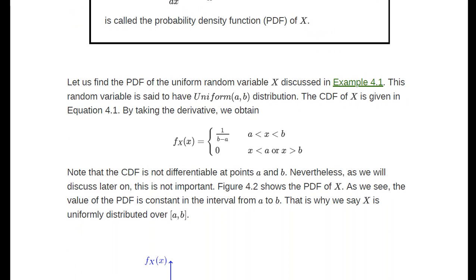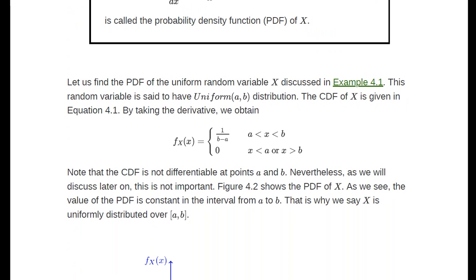By taking the derivative of the function, we obtain f_X(x) equal to 1 over b minus a for x between a and b, and 0 otherwise. Note that the CDF is not differentiable at points a and b. Nevertheless, as we will discuss later on, this is not important.